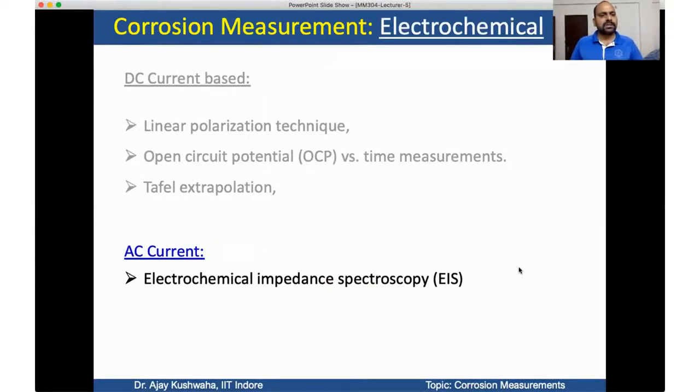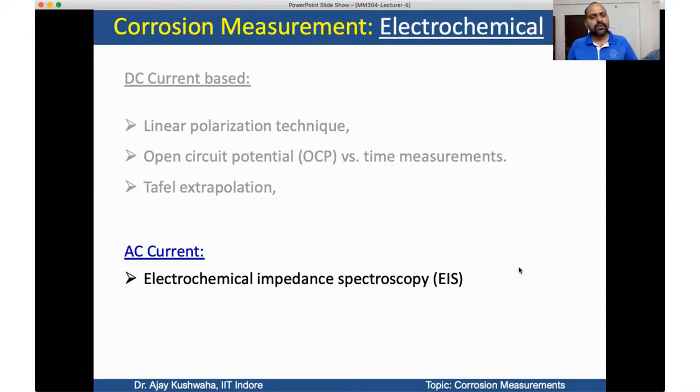So those were a few things we considered during the electrochemical measurement. Now in the same domain, let's think about the current, where we are applying an AC current and measuring the change in the voltage.